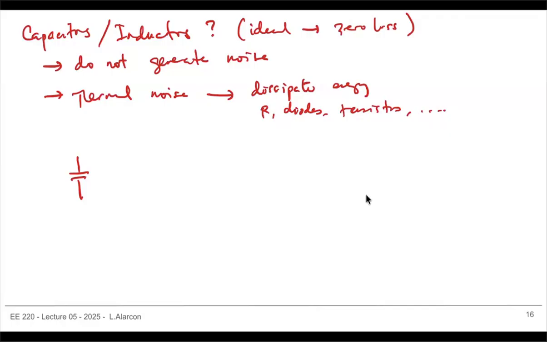And why would you think that, right off the bat, an ideal capacitor cannot have thermal noise? Because this is a key. If this actually generated noise, and then I connect it to another capacitor that is also generating noise, then the problem is you start accumulating energy with zero ways to dissipate.